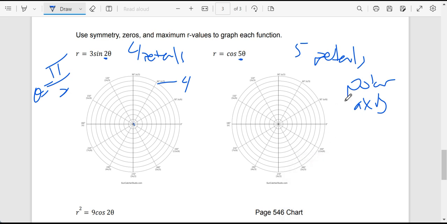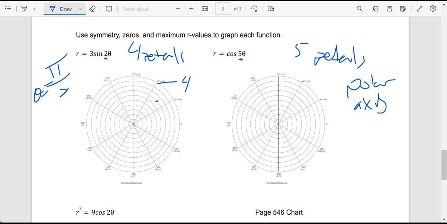I'll do pi over 4 to start. So 2 times pi over 4 is pi over 2. Sine of pi over 2 is 1. 1 times 3 is 3. So pi over 4 is somewhere in the middle here. So it's going to be 3 right there.